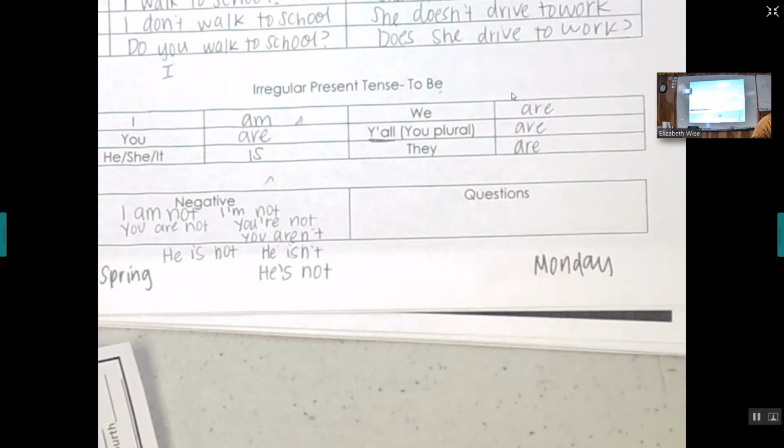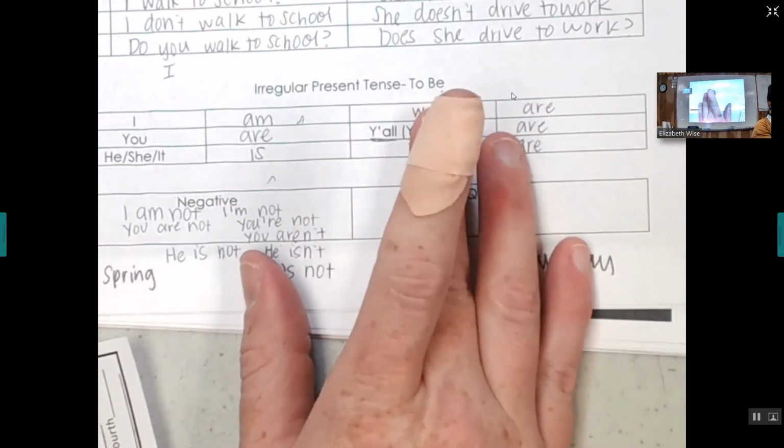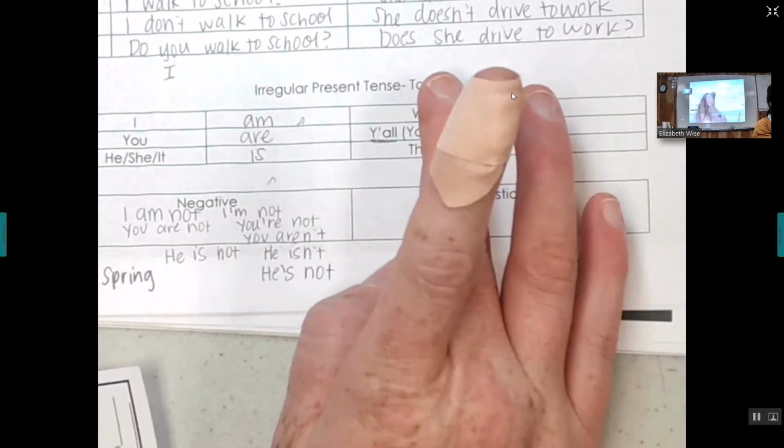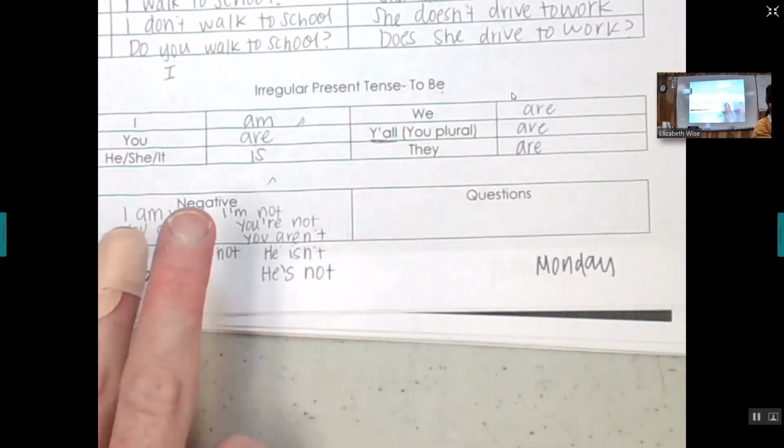Okay, what about questions with the verb to be? You should use the are or am first. Yes. Okay, so when you're making questions and the verb is to be, then the to be verb goes first.